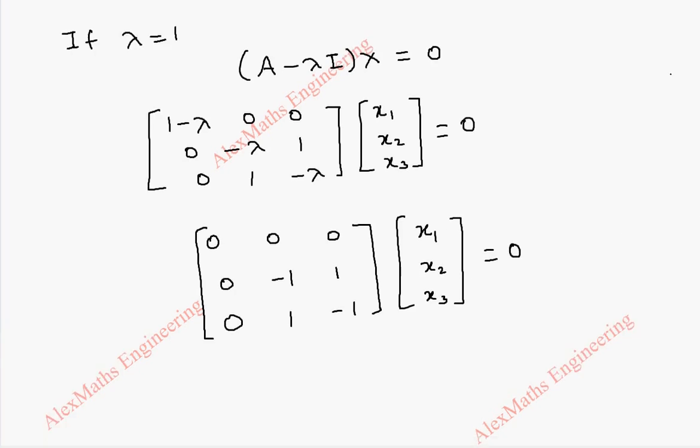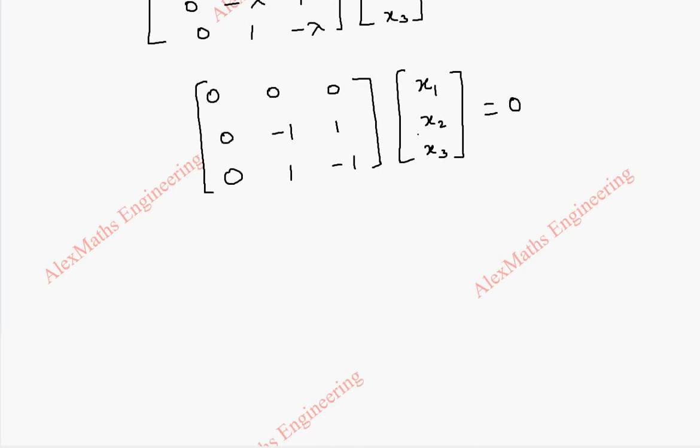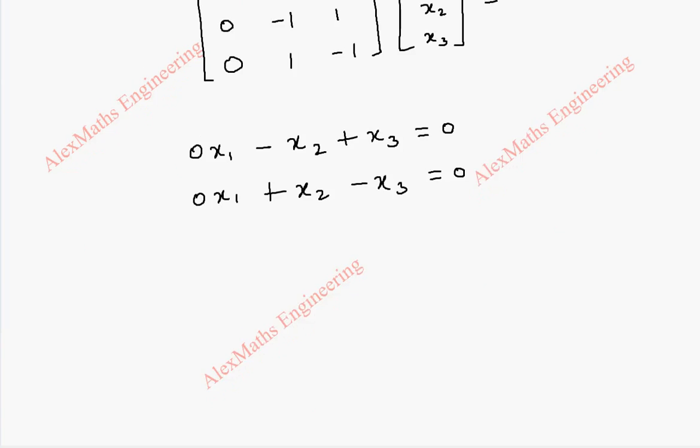By multiplying the first row, we get everything as 0. So I am going to take the second one: 0x1, that is the second row product, and minus x2 plus x3 equal to 0. And the third one, 0x1 plus x2 minus x3 equal to 0. Anyway, the second and third are the same equation, just of opposite sign.